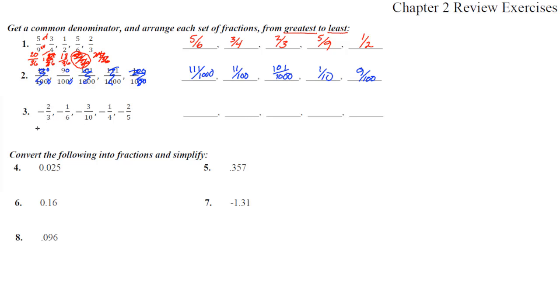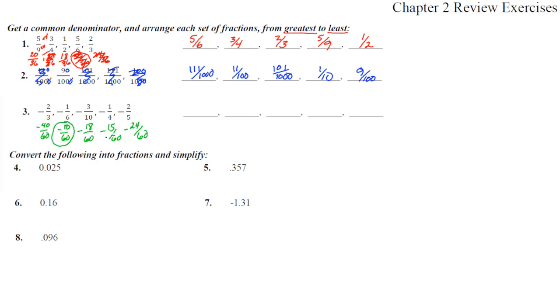So times by 20 and 20, you get negative 40 over 60. Times by 10 and 10, and you get negative 10 over 60. Times by 6 and 6, and you get negative 18 over 60. Times by 15 on top and bottom, you get negative 15 over 60. And then times by 12 and 12, and you get negative 24 over 60. Okay, so we got to find that guy is the greatest.